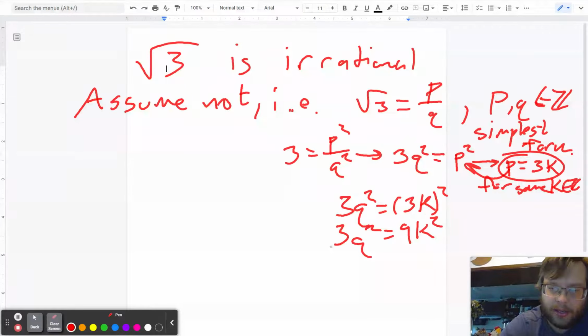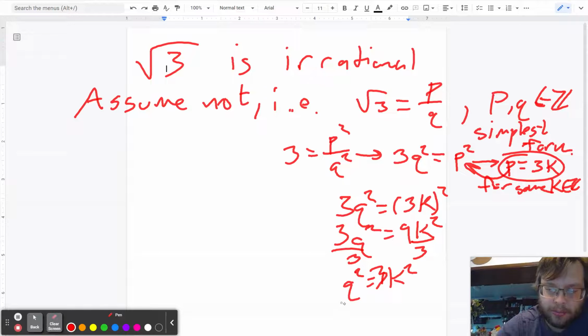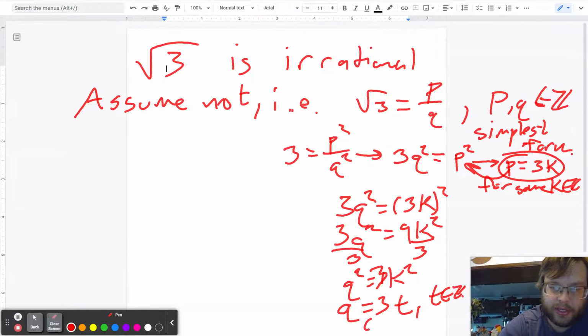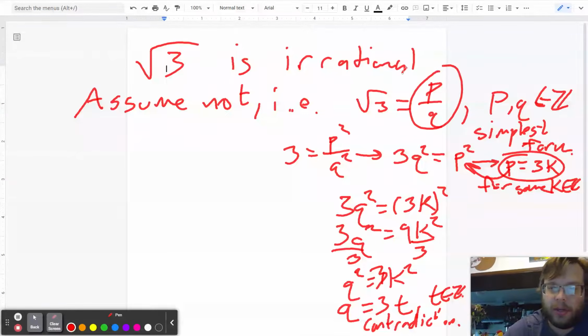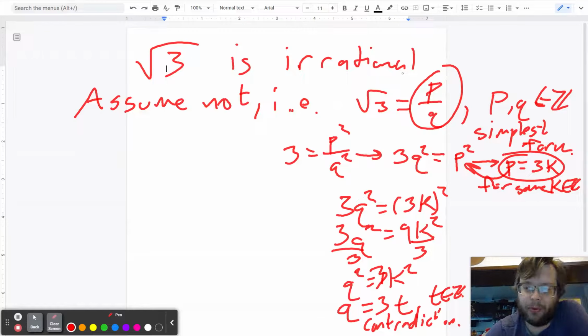Divide both sides by 3, and you get q squared equals 3k squared, which implies that q is equal to 3t for some t in the integers, and that's the contradiction. So we know that the original p over q must not have been in simplest form.